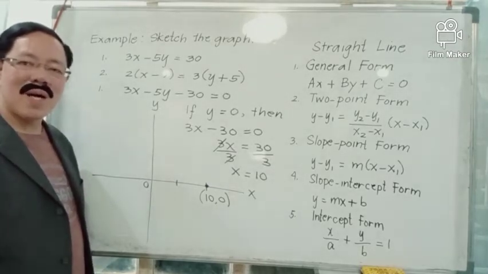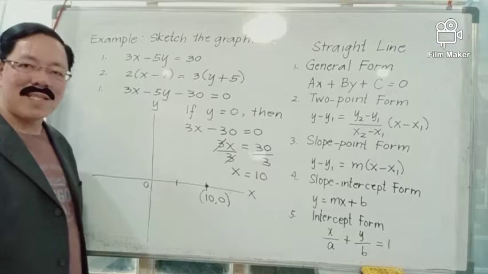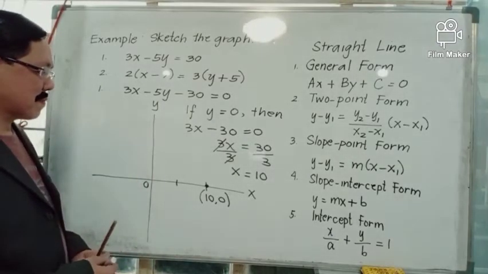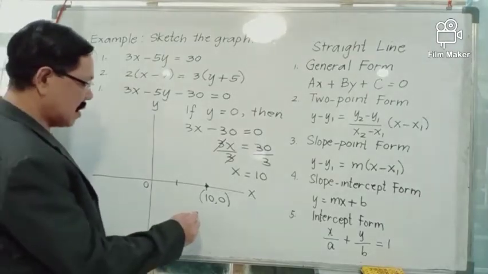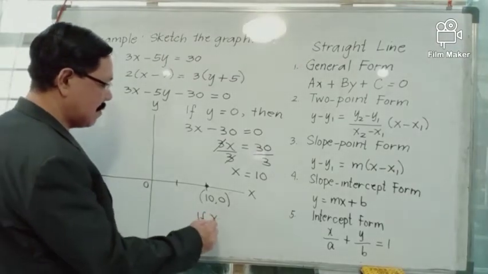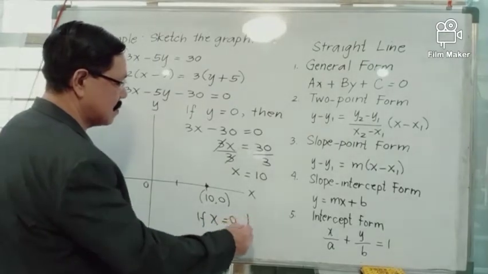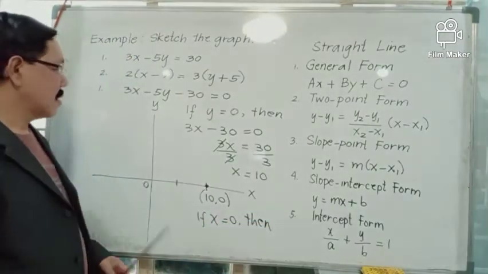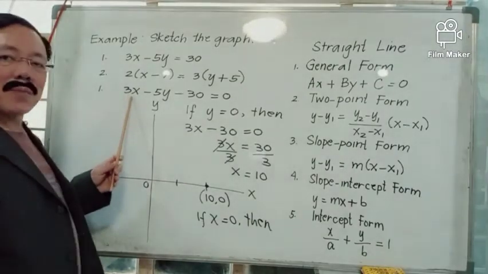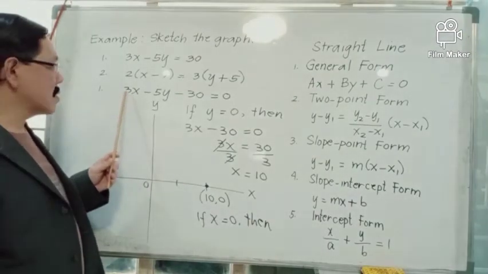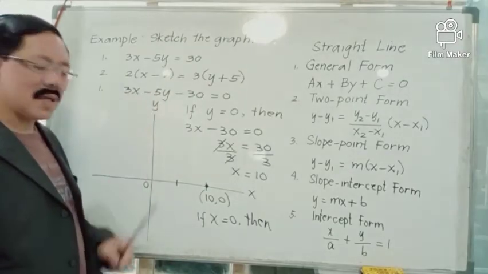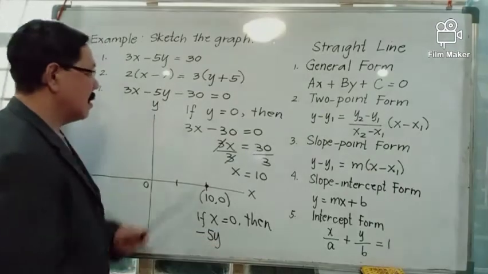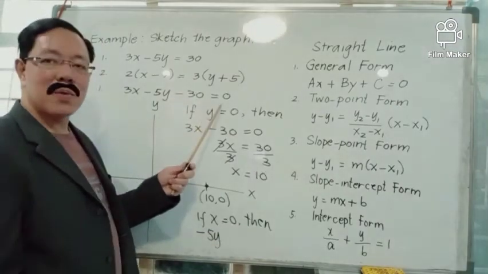Thus, to find the y-intercept of the line, you set x to 0. If x equals 0, we have 3 multiplied by 0 is 0. 0 minus 5y is negative 5y, minus 30 equals 0.